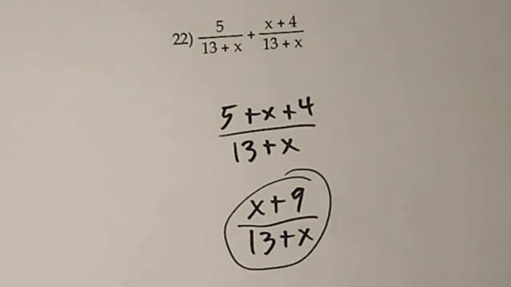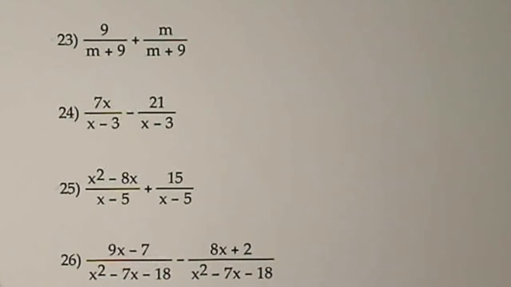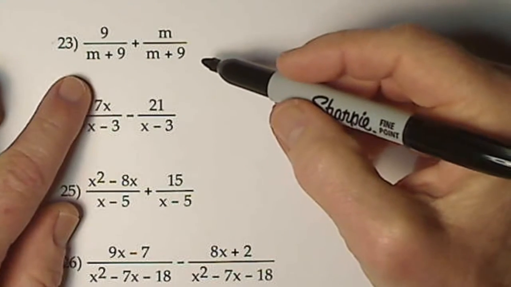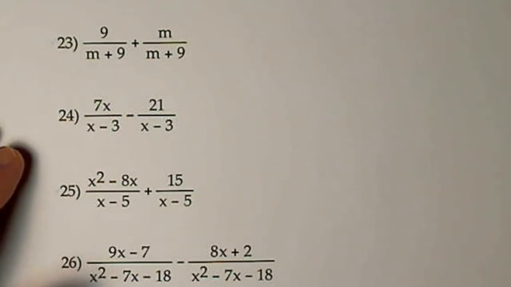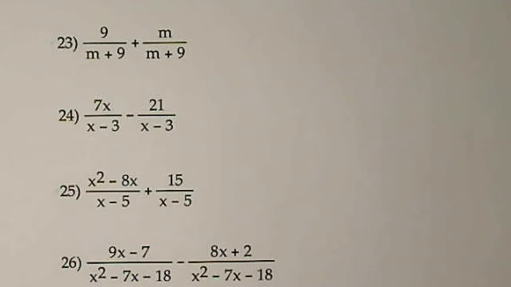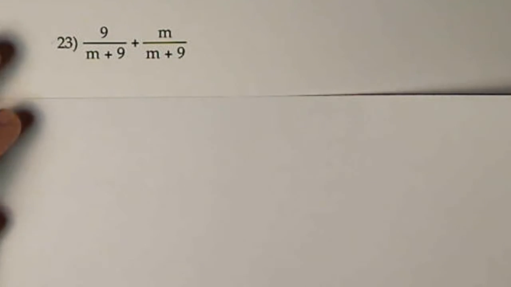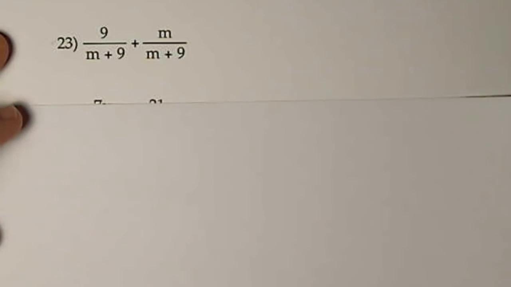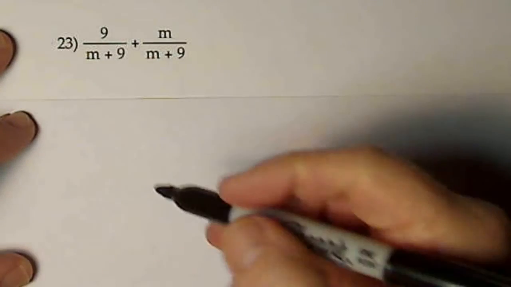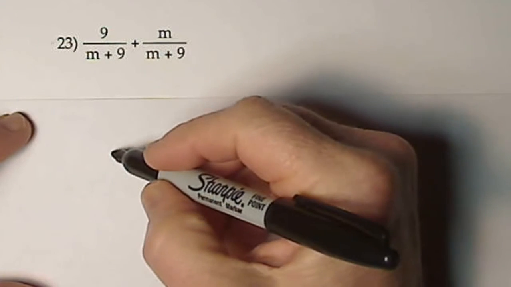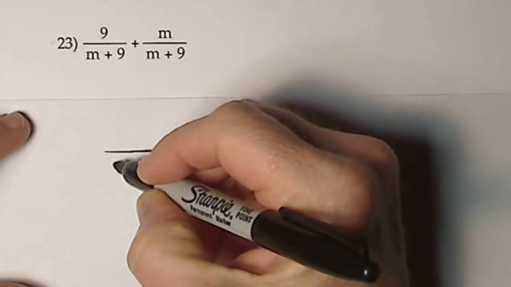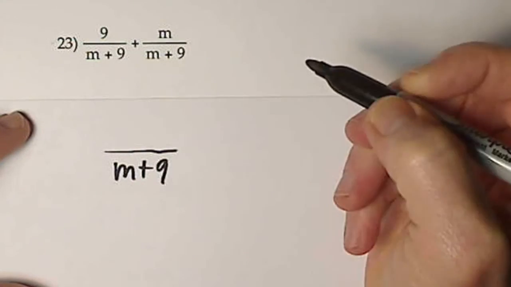We'll also take a look at 23. We have common denominators here, so we'll be able to combine like terms. Our common denominator is m plus 9.